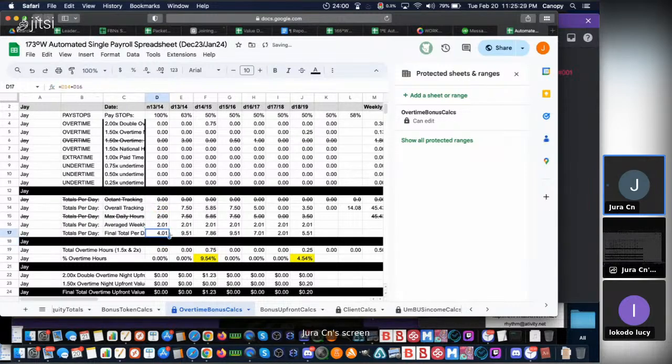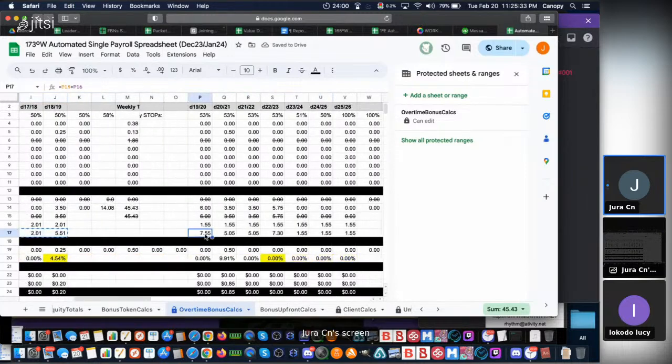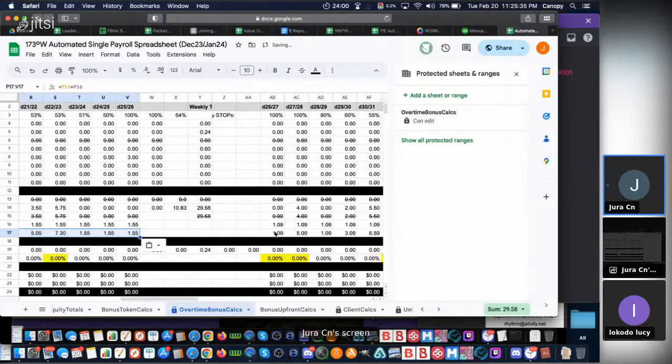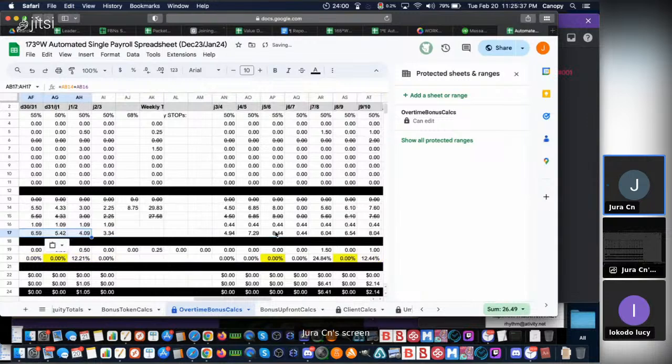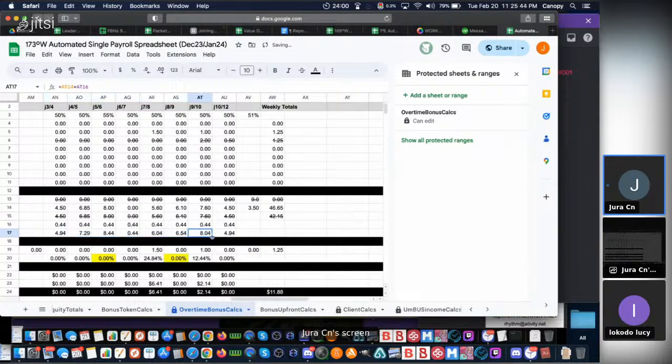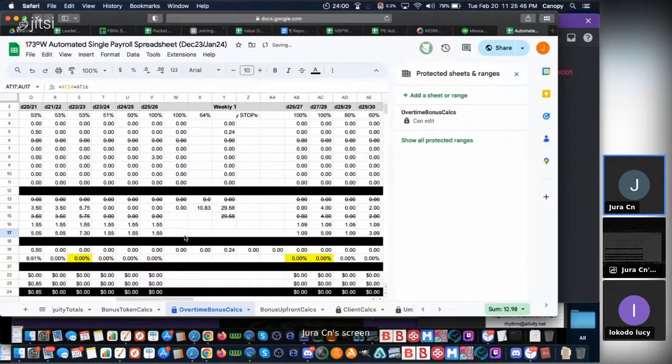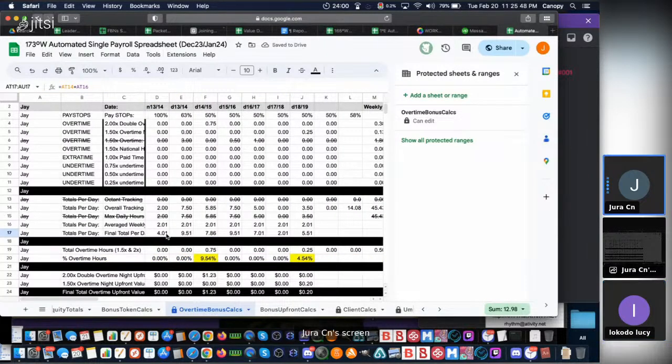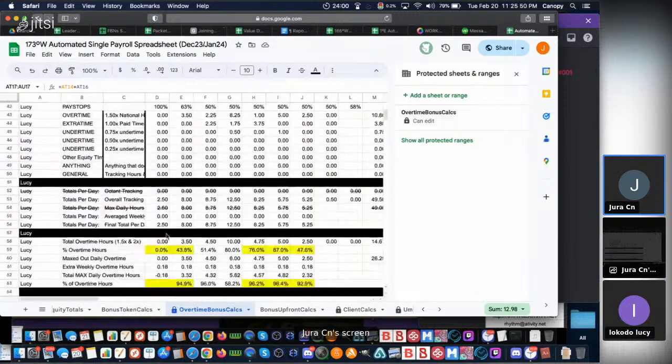This will be the total hours tracked per day, because I take the weekly estimate and divide it by the 7 days a week. That makes sense? Yes. Okay.